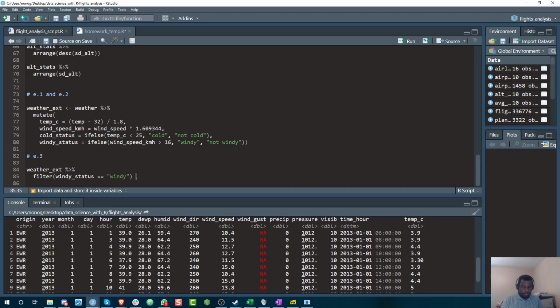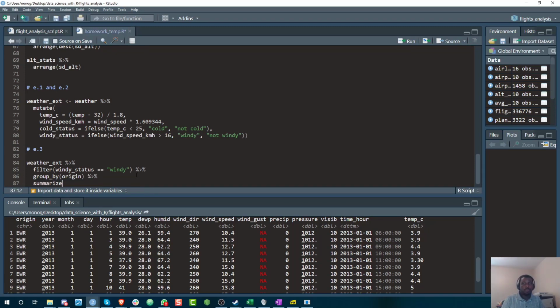And after that, we can go ahead and just summarize, because we said which weather station. So we need to group by origin, because we want it for each weather station. So we group by origin, and then after that, we can summarize. Okay, we can call it AVG temp. Okay, let me just do it in Celsius. That's why I added underscore C. You can name it whatever you want, as you know. So mean temp C, na.rm equals true.